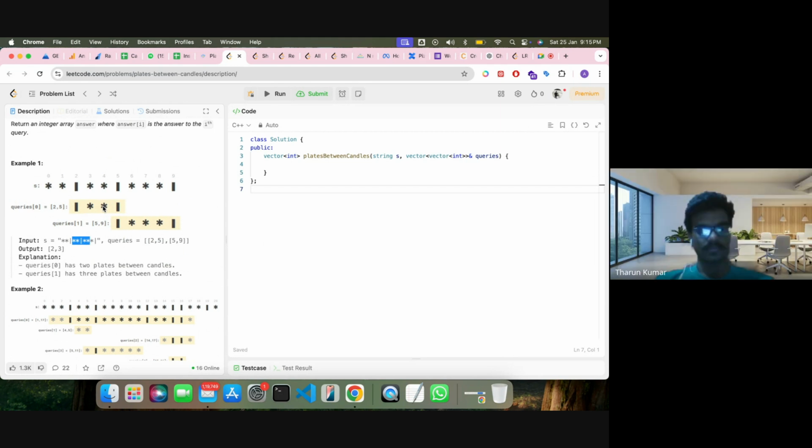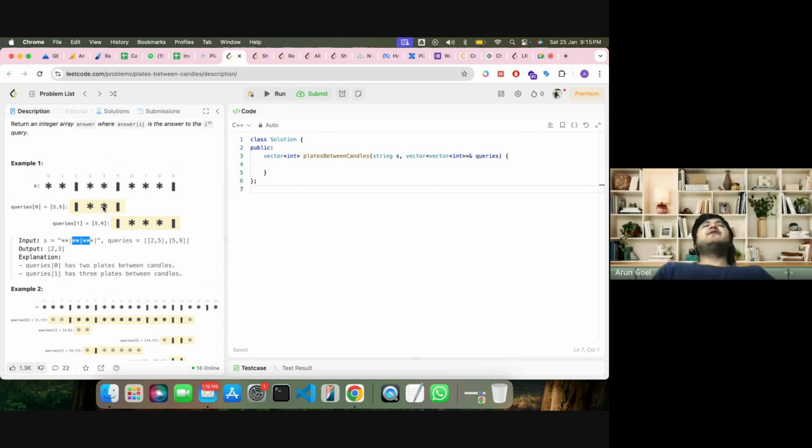So what can be done to find the leftmost candle and the rightmost candle? Don't you think we should apply binary search here? How? Okay, think like this. Let us say I know that in this range, 2 candles are there. When there are 2 candles, one would be at the left, one at the right.